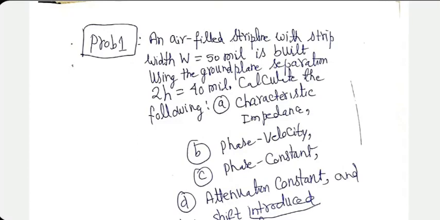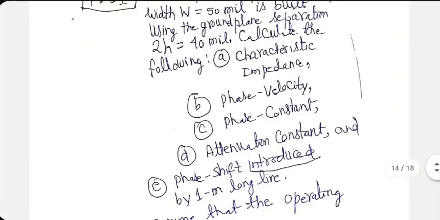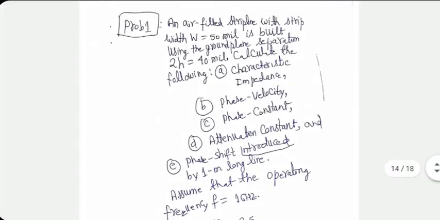You are given the line, you are supposed to figure out the performance. Calculate the characteristic impedance, phase velocity, phase constant, attenuation constant, and phase shift introduced by a 1 meter long such line. Assume that the frequency of operation is 1 gigahertz. Practical problems. Industry wants these kinds of things to be solved every day.